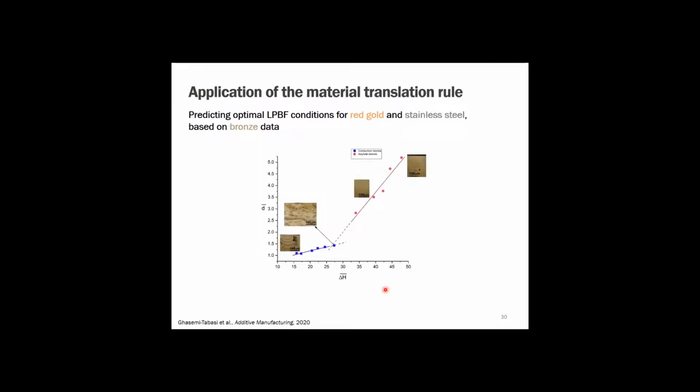Actually, since then, we have worked on other alloys, and they keep working quite well. So here is an example where we optimize the processing of bronze. And again, the sweet spot is at the intersection of those two lines here. And if you now go to red gold, you can see that we started from the same point, and one or two iterations were enough to get the optimal density very close to the other one.